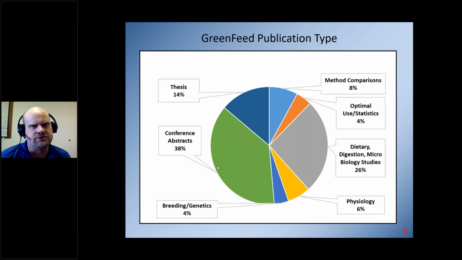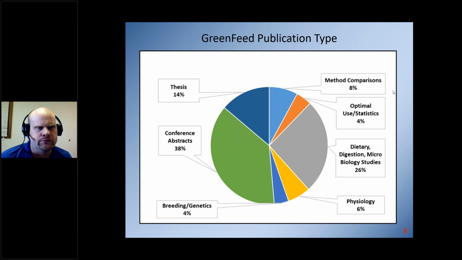But part of this is due to the fact that the genetic work is much more time intensive. In some cases, we need larger studies with more animals. So I think the breeding and genetics portion will increase significantly, especially in the coming years as we gather more data from these long-term studies with a lot of animals.